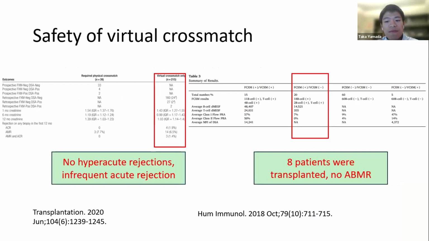Then several studies investigated the safety of virtual crossmatch, since there is some possibility of discrepancy between the physical crossmatch and the virtual crossmatch. On the left side, this one is a retrospective study from UCSF.